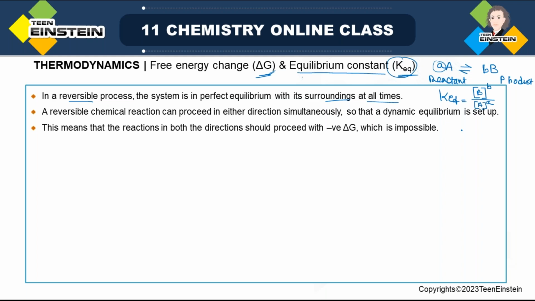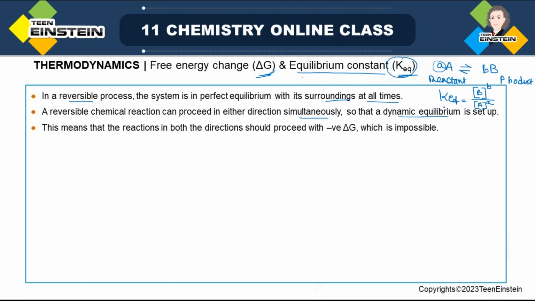So obviously we have to take a system which is in perfect equilibrium with its surroundings at all times. Now for such a system, that is a reversible chemical reaction, it can proceed in either direction simultaneously. That means it is dynamic equilibrium. Dynamic equilibrium means A is moving towards B, B is moving towards A. This process is going on continuously.